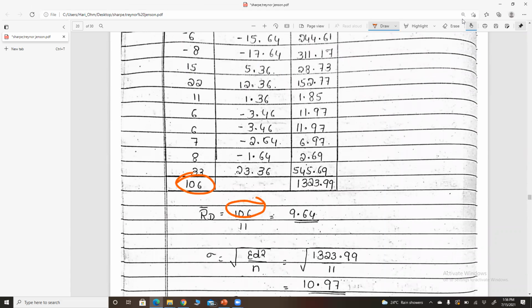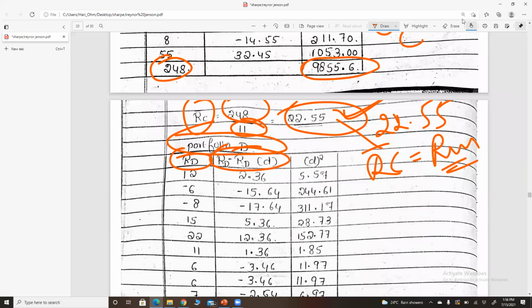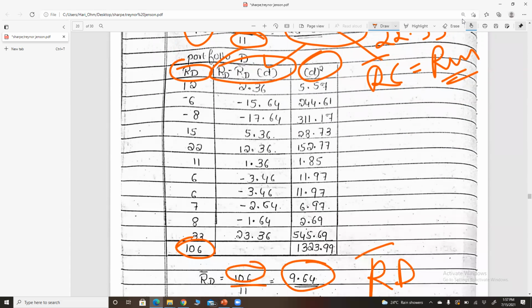The total is 106, 106 divided by 11, so 9.64, that is R bar D. Next, you have to calculate RD minus R bar D, that is D, then D square. RD is 12, minus R bar D, that is 9.64, so the answer is 2.36.